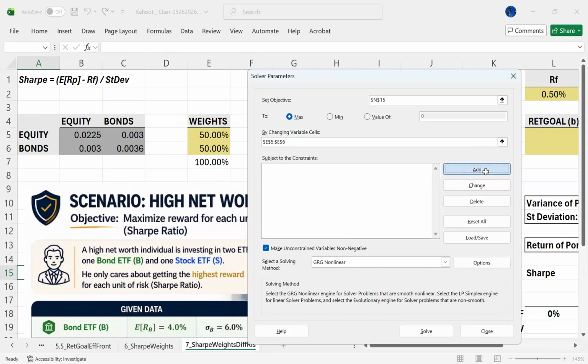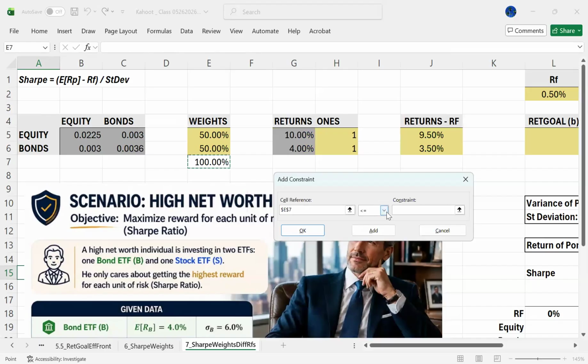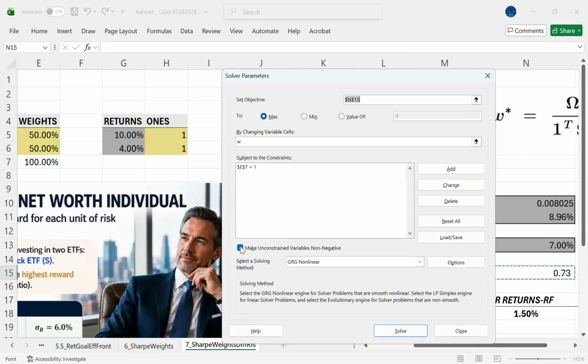There is one condition, which is that this has to be equal to 1. In other words, if I'm investing 1 million, you have to invest everything, so the weights have to add up to 1. Let me remove this condition, which is that the weights can only be positive. If you check this box, then all the weights are always positive.